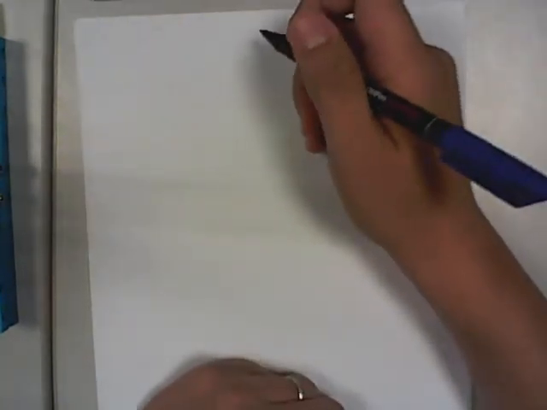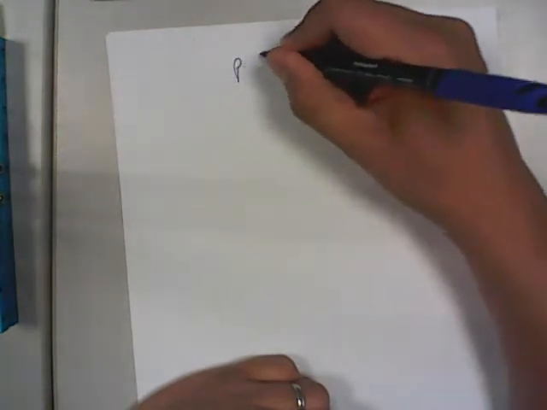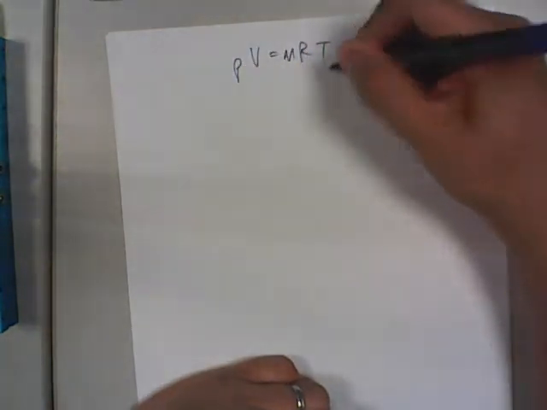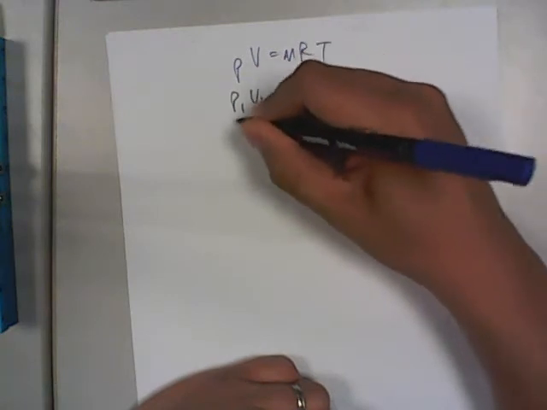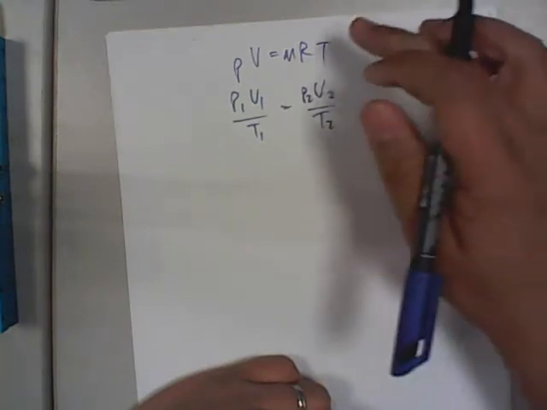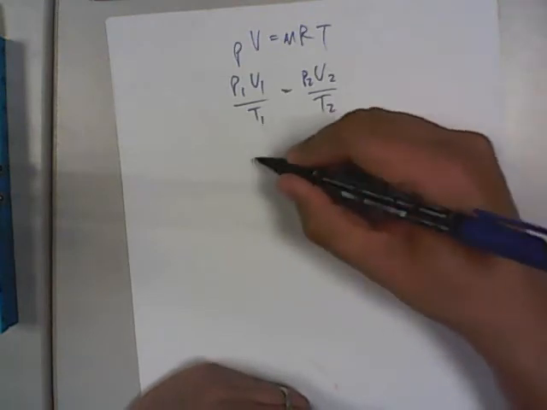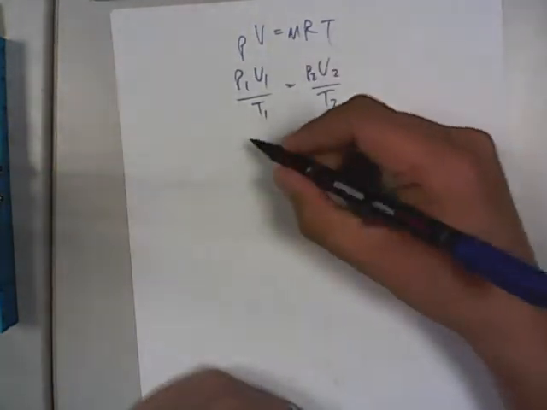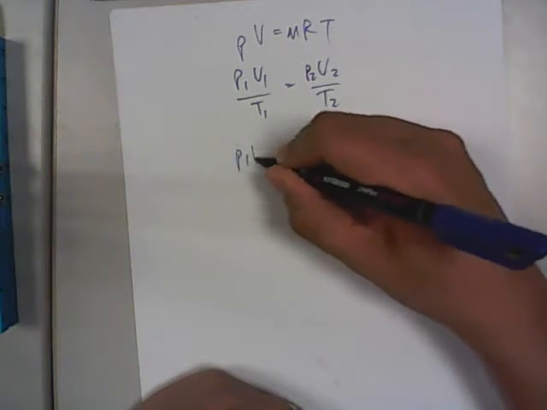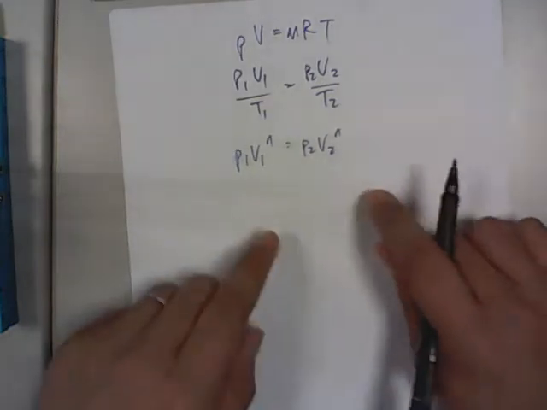Now essentially this polytropic is kind of a generic expression for any kind of perfect gas process. Apart from your characteristic equation where you have PV equals MRT, and P1 V1 over T1 equals P2 V2 over T2, you now have another equation which describes the shape of this process, which is P1 V1 to the power of n equals P2 V2 to the power of n.